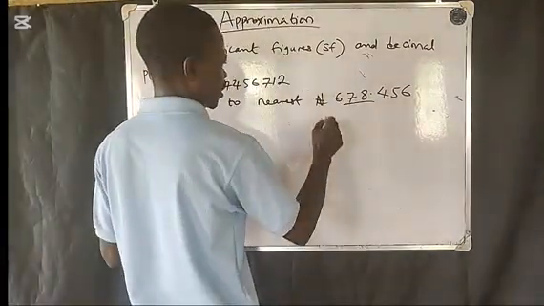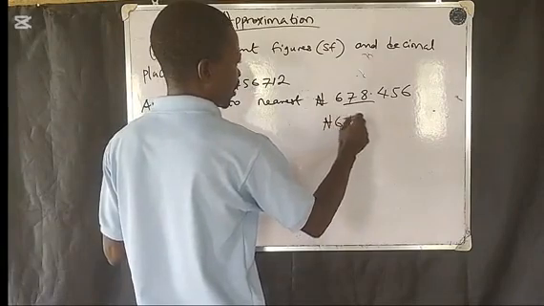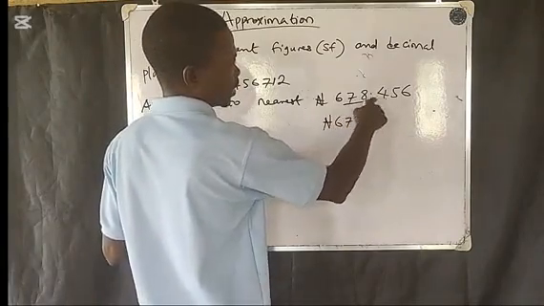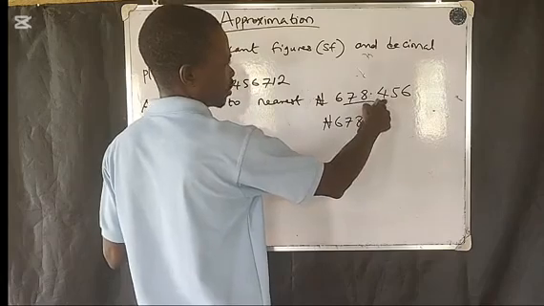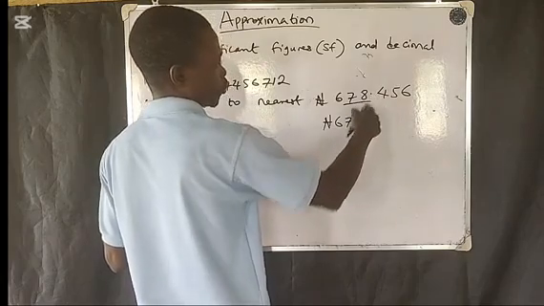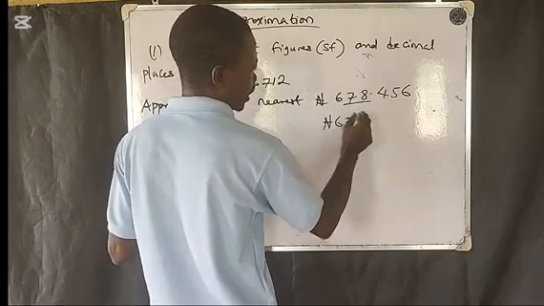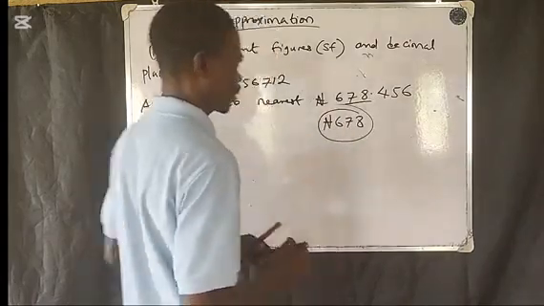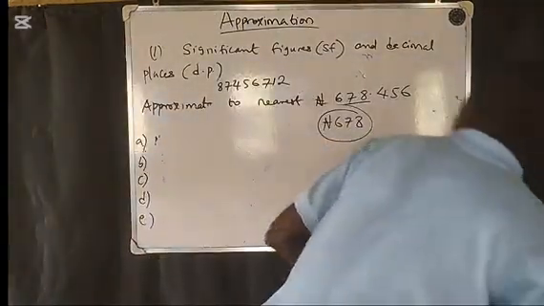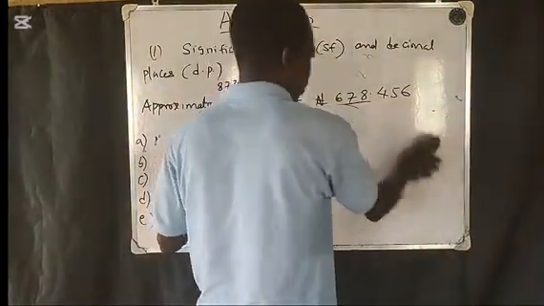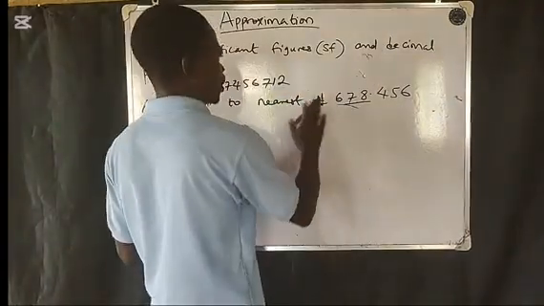Nearest naira means 678. The next digit is a junior digit. It's not up to 5, so we leave it as it is. This is nearest naira.